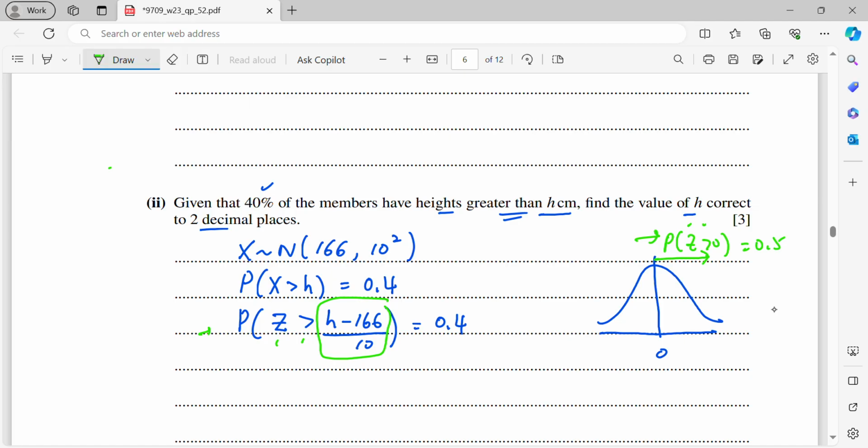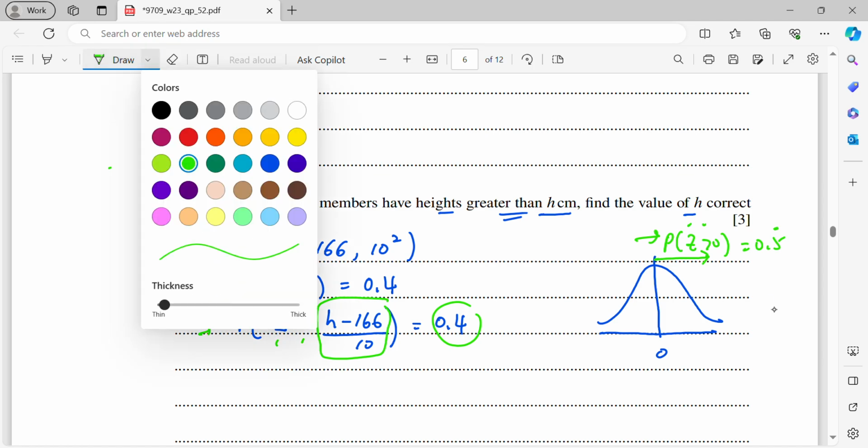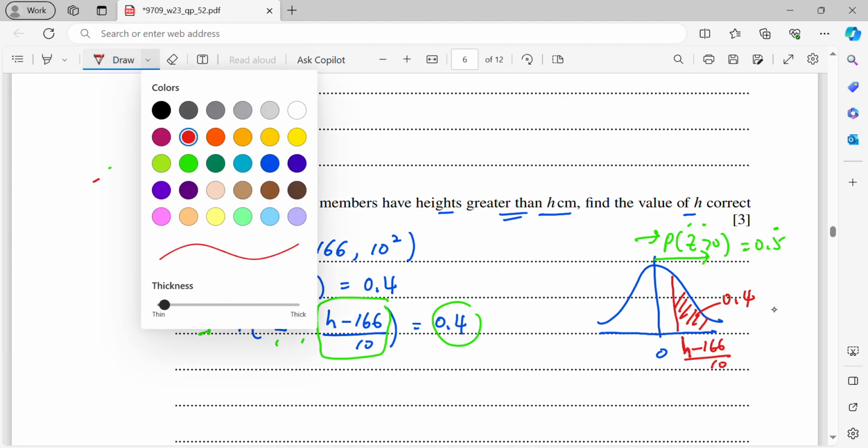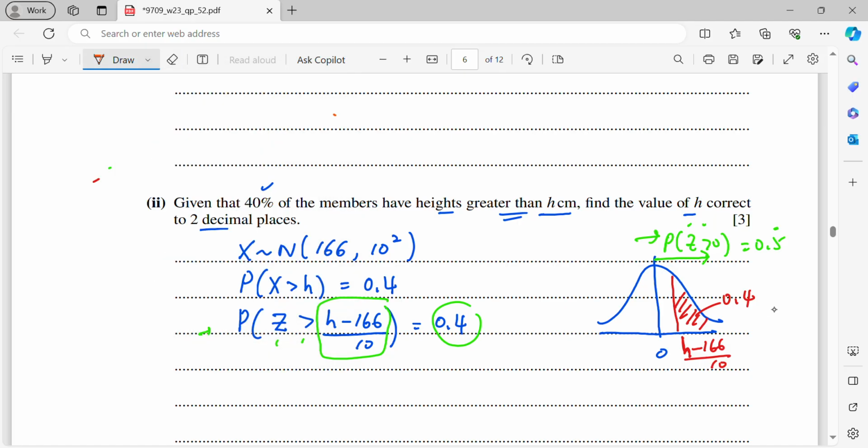If the line is exactly at 0, you get 0.5, but now it is only 0.4. So obviously the line is on the right side. So here is 0.4. I will label (h minus 166) over 10 for the line. So obviously, the region towards left side will be 0.6.